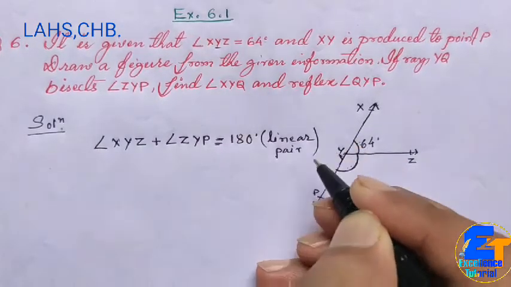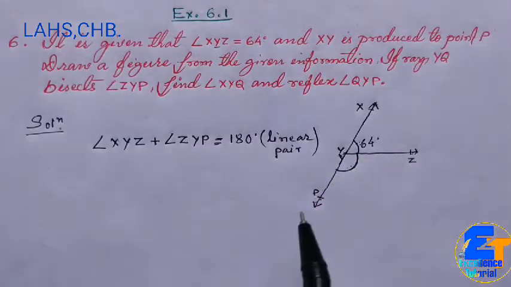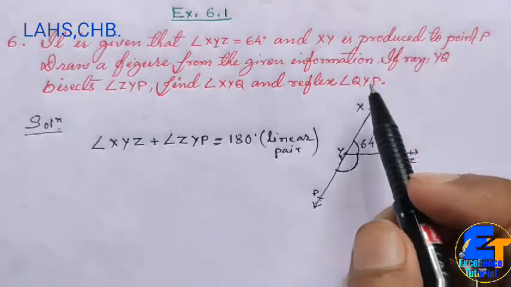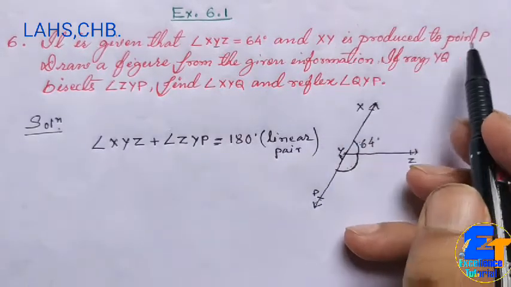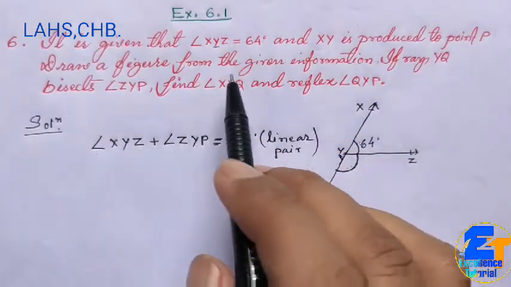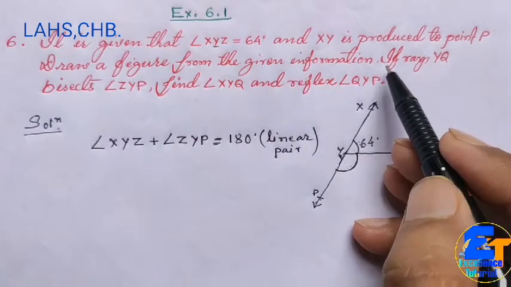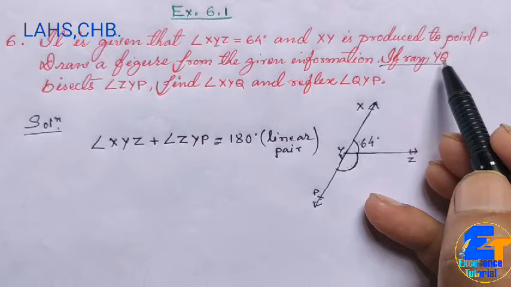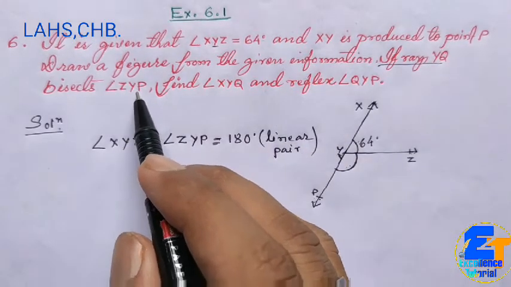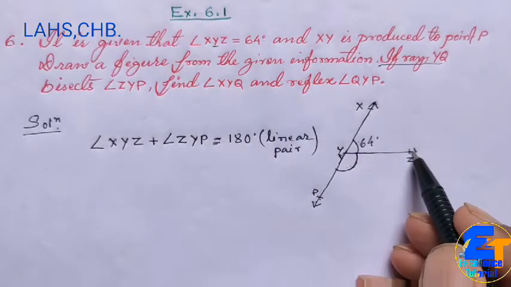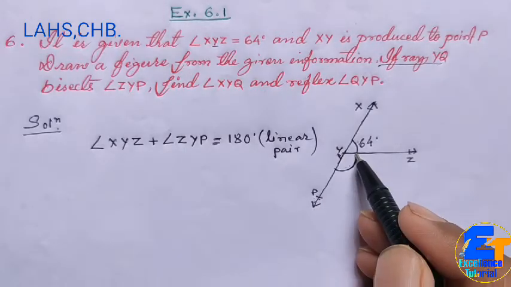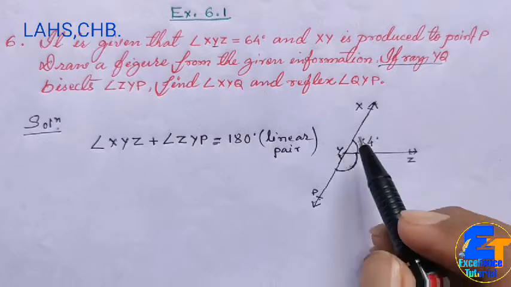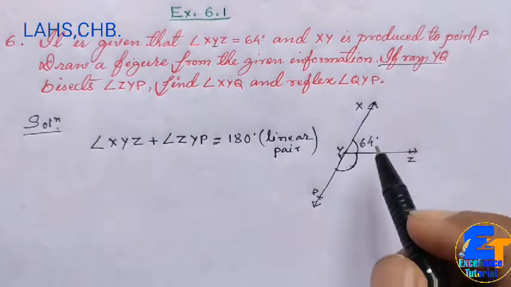Okay. Now see, one more piece of information is given in the question. Till here we have followed the instruction and drawn the diagram. XY is produced to point P. If ray YQ is another ray which bisects angle ZYP. Where is our ZYP? You can see it in the figure. That means this whole angle gets bisected if you draw this YQ ray.